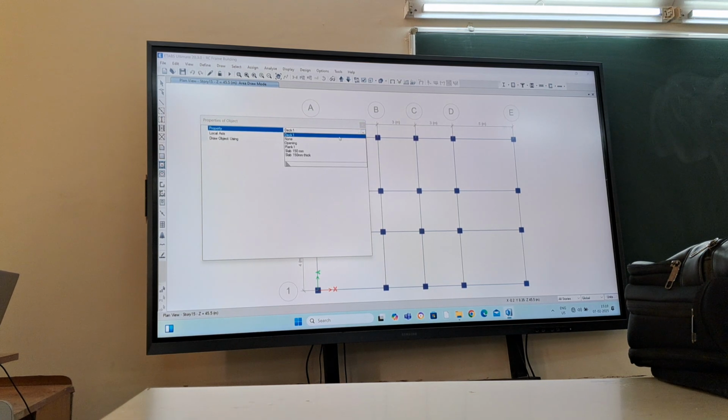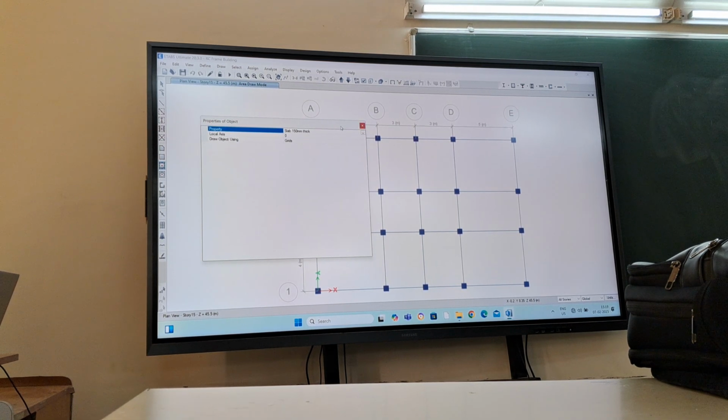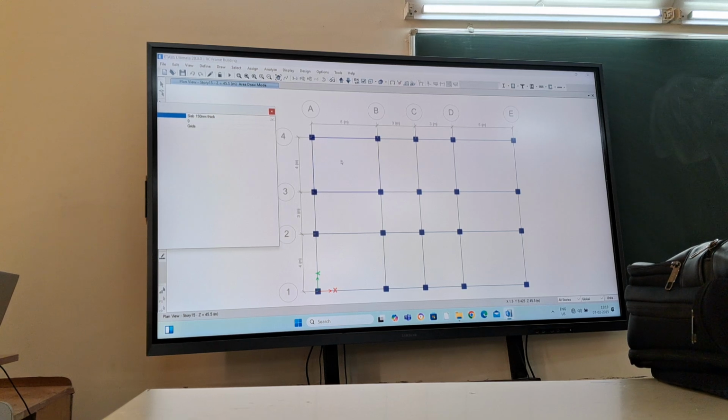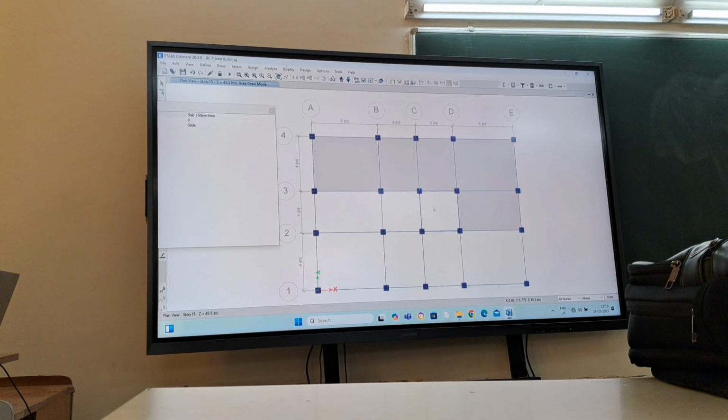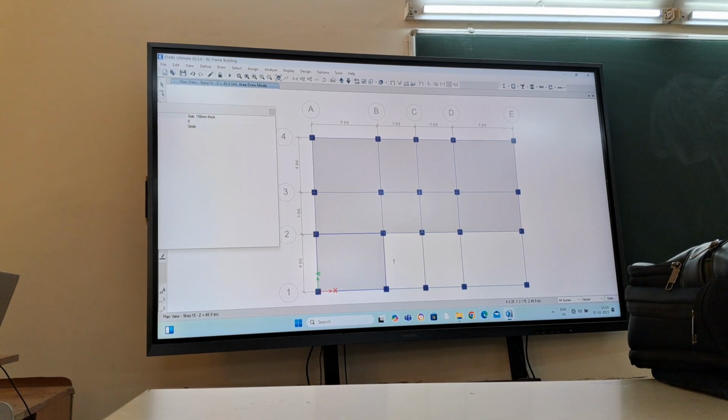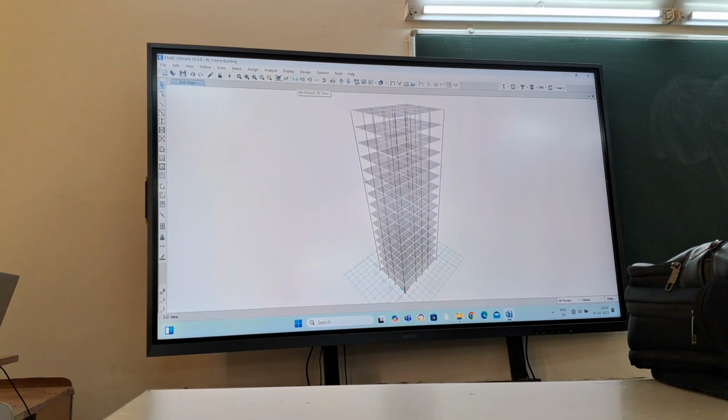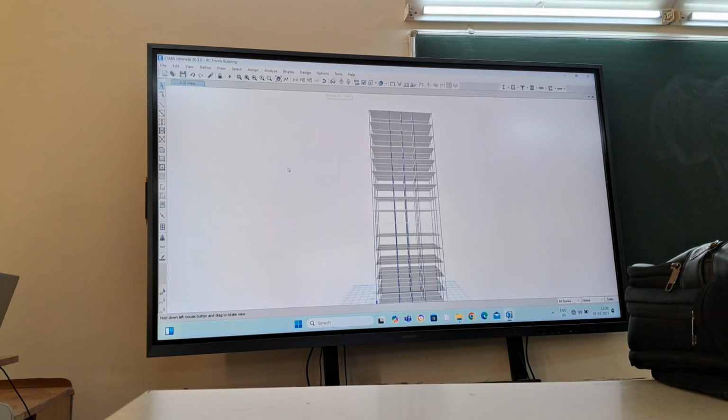And here you have to select slab. You can just click each of these panels. By doing this, what happens?